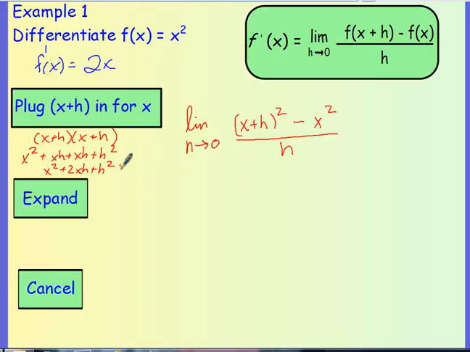Does everybody understand what we did there? So here's what I have: the limit as h approaches 0 of x squared plus 2xh plus h squared minus x squared over h. You with me?